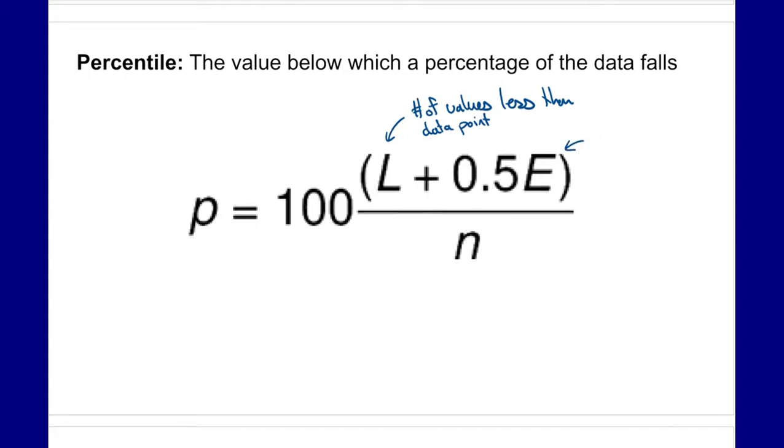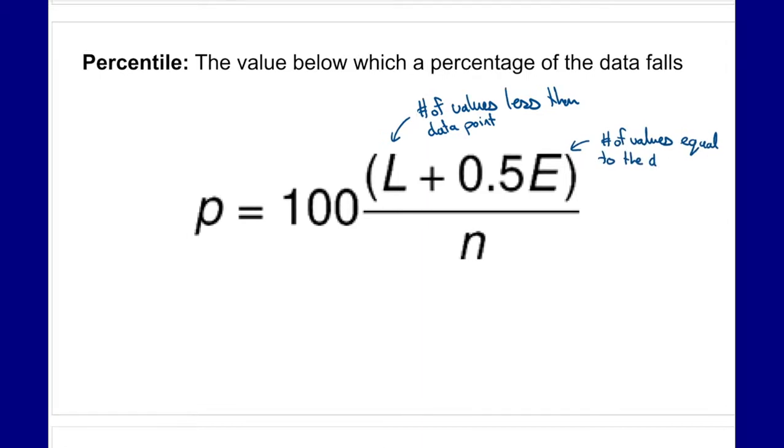E is the number of values equal to the data point in question. So we're looking at a specific score, and we want to find out how many values are equal to that data point. And N just refers to the total number of values, or how many data points in total we have.